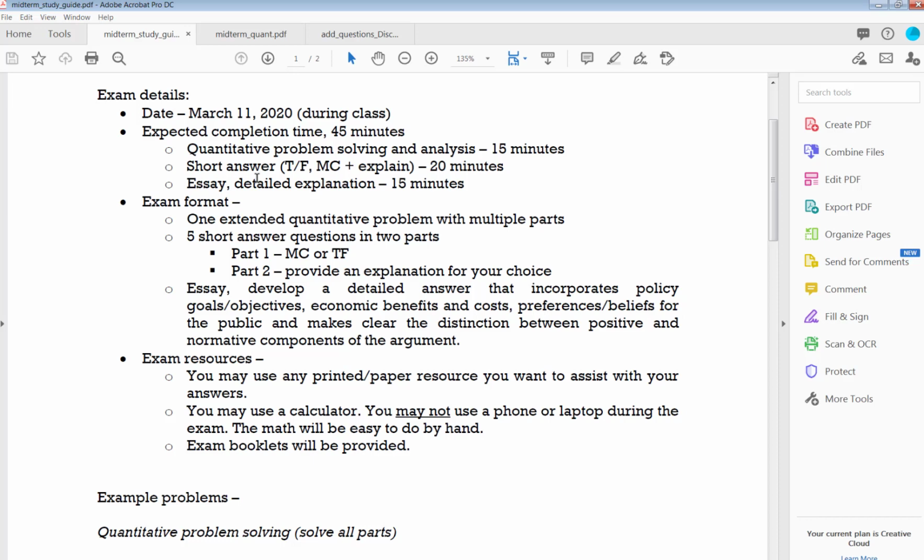Okay, so that whole family farm survival, expanding farm production. So it'll be something about that, and it'll probably also ask you to make some distinct positive versus normative statements, right? And I'll give you the instructions to help you organize that.